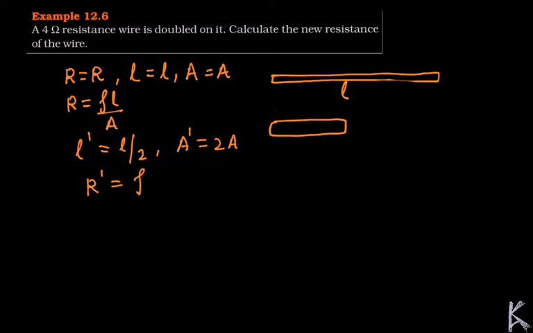Now R dash, the new R, will be equal to rho L dash by A dash, because rho will be the same as the material of the wire is not changing.